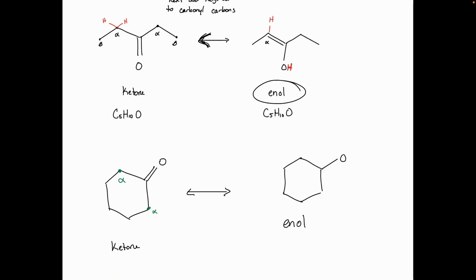Now I have a double bond between what used to be my carbonyl carbon and my alpha carbon, and that hydrogen is now on that oxygen. So there's my enol. Does it matter if you placed it upwards or downwards? No, either alpha carbon would work. These are equivalent.